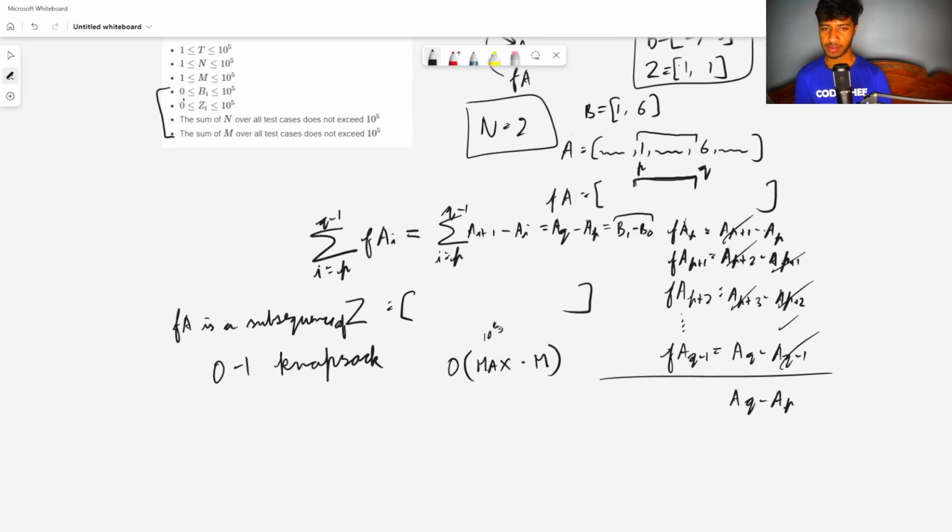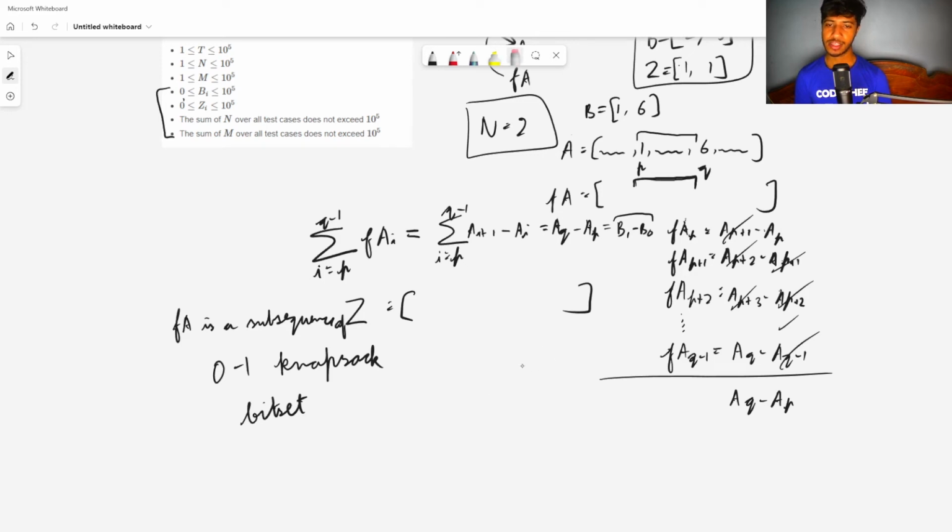So 10 power 5 into 10 power 5 will not pass. There is a way to implement knapsack using a bit set, and then it will be this value divided by 32. That will just barely pass. So your complexity will be the maximum value that you need to make multiplied by M divided by 32.